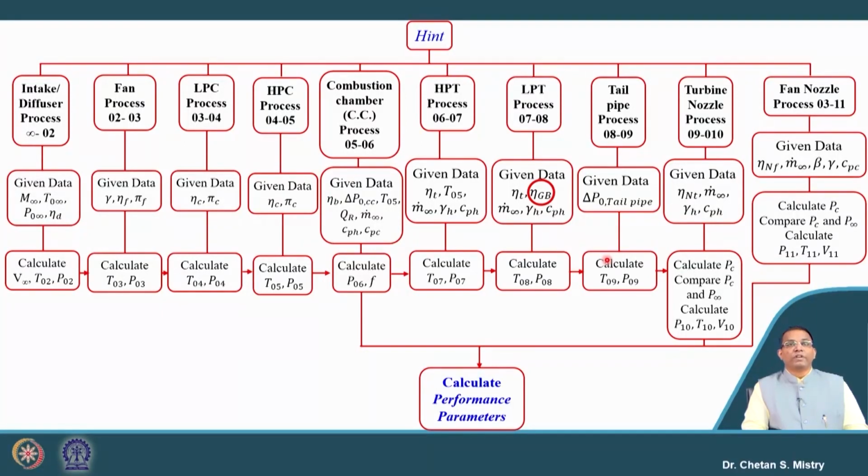Based on that, we will try to calculate the velocity and the performance parameters. This configuration has been taken purposefully. In the next lecture, we will be discussing the impact of change of this bypass ratio, and we will be discussing the results in detail. Then we will be comparing that with open source literature.